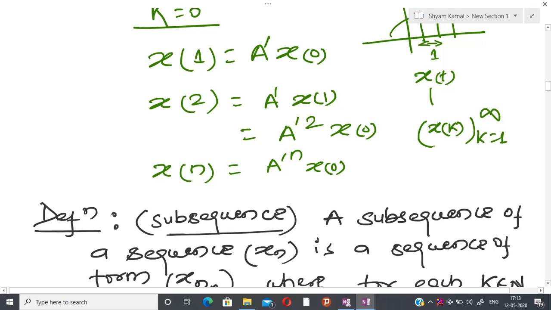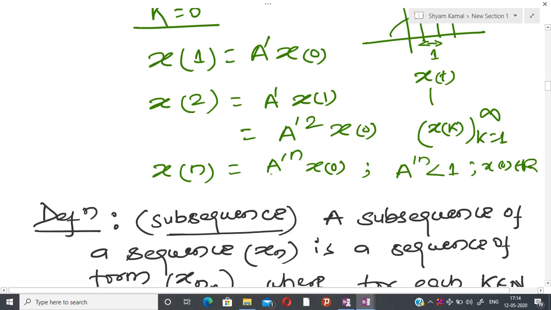So using infinitely many terms, I am going to see the behavior, and it is possible to show that if you are assuming that x1 belongs to R, meaning one dimensional, so this is a one dimensional quantity, A to the power n is one dimensional. If that is less than 1, and if I assume that x0 belongs to R, just one dimensional, then what happens after a very large time?